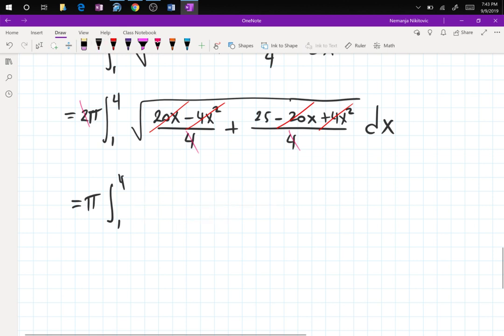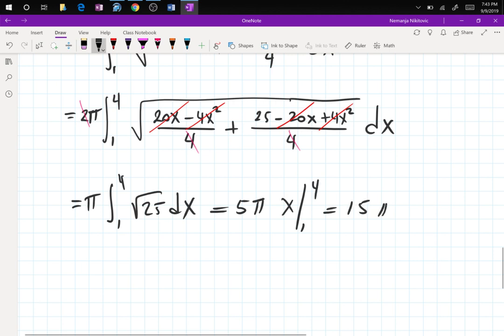It's just 25 left. Okay, so square root of 25 dx. This is 5 pi x from 1 to 4, which is 15 pi, because 4 minus 1 is 3. 3 times 5 is 15. So 15 pi for the surface area of revolution on this problem.